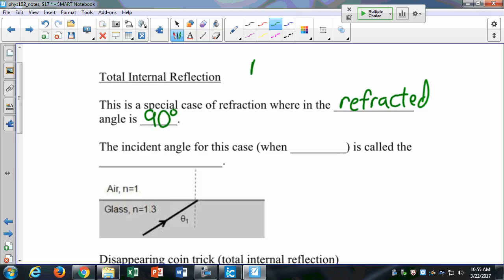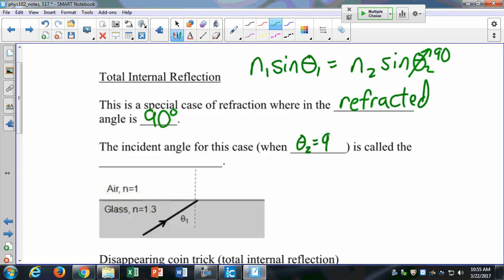So we're dealing with n1 sine theta 1 equals n2 sine theta 2. We're saying now that theta 2 is equal to 90 degrees. And so when my theta 2, my refracted angle, is 90 degrees, we call that incident angle the critical angle.